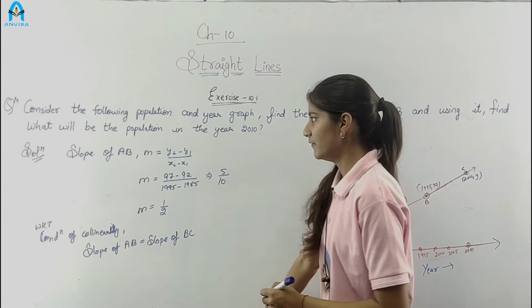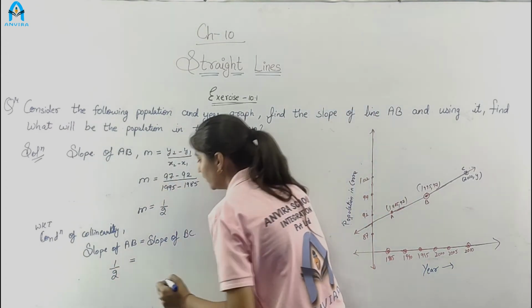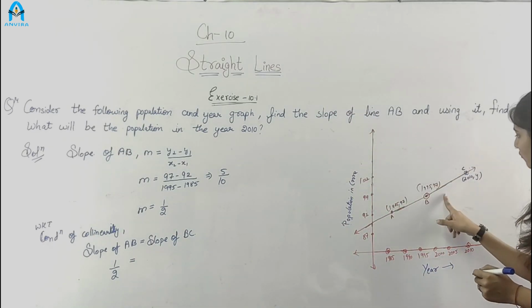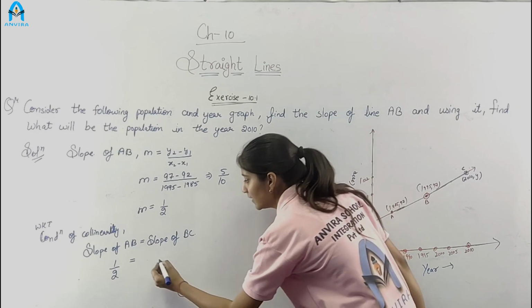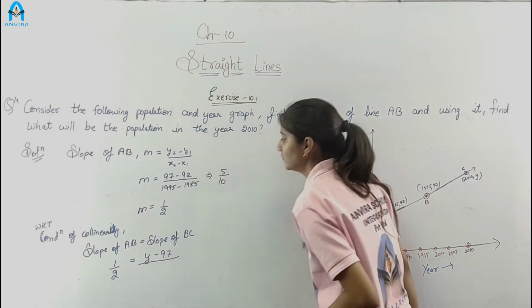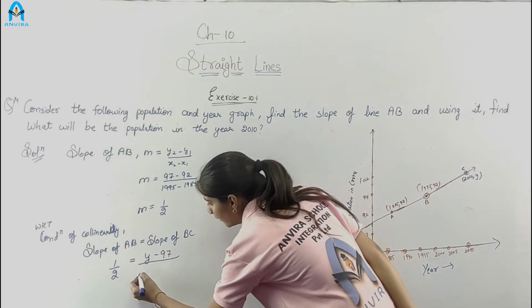Slope of AB, we know that it is 1 by 2. And what will be the slope of BC? Slope of BC is y2 minus y1, that is y minus 97 divided by x2 minus x1, 2010 minus 1995.